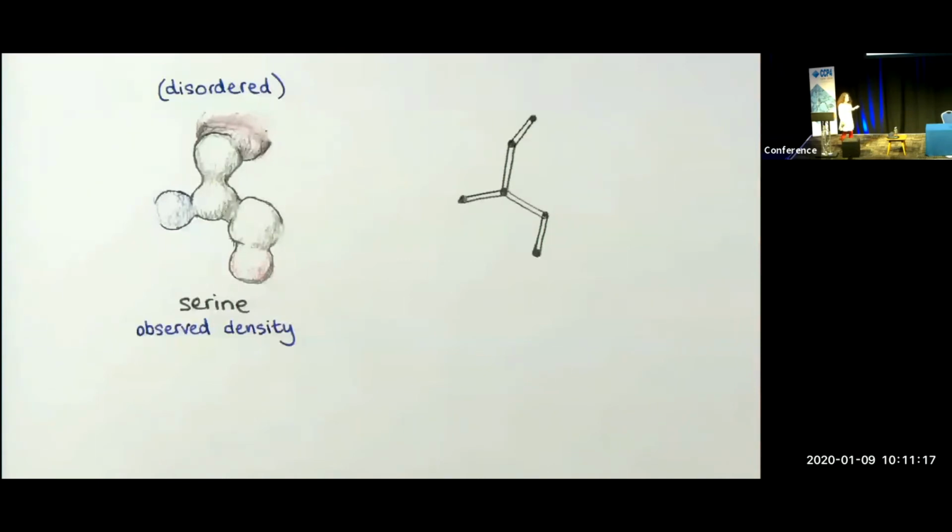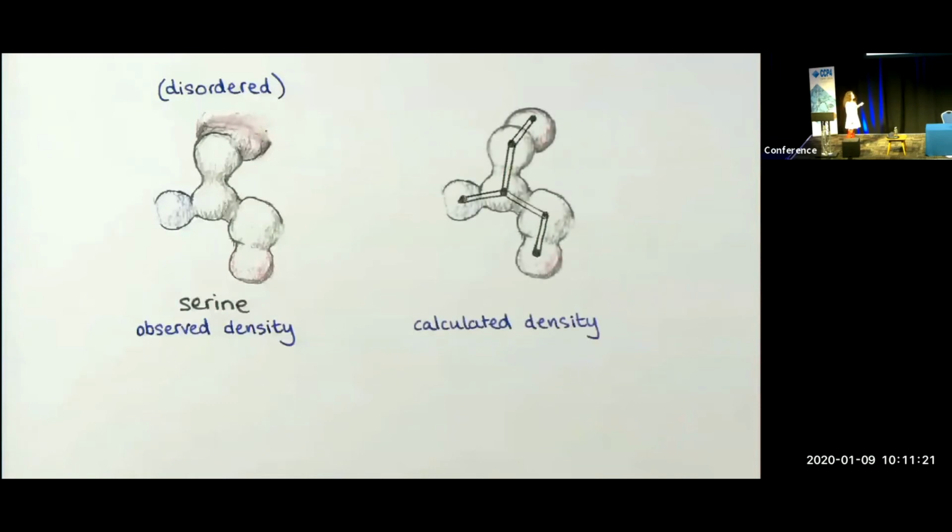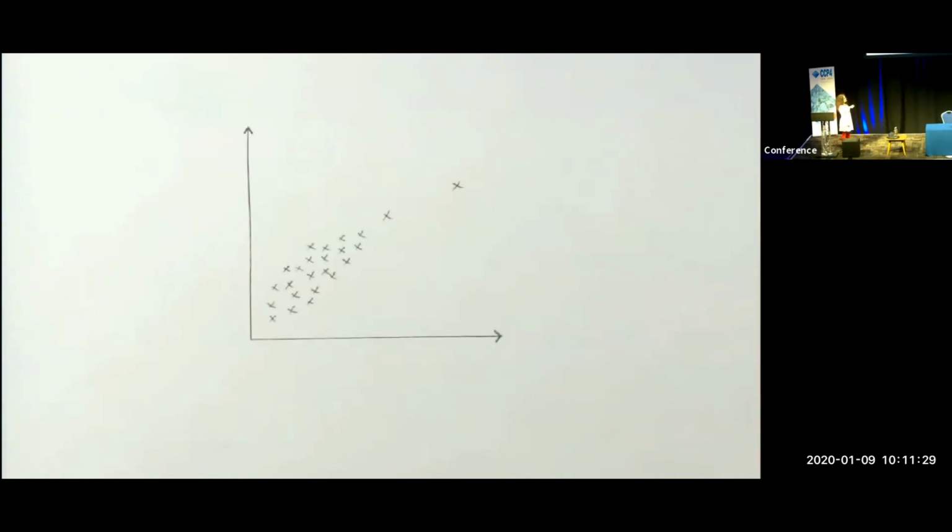So if you now calculate the density from that model, then that is not going to fit the weighted density very well. So if we have a look at the correlation coefficient, comparing the weighted density voxels against the calculated density voxels, then this is going to have an okay but not great correlation coefficient.